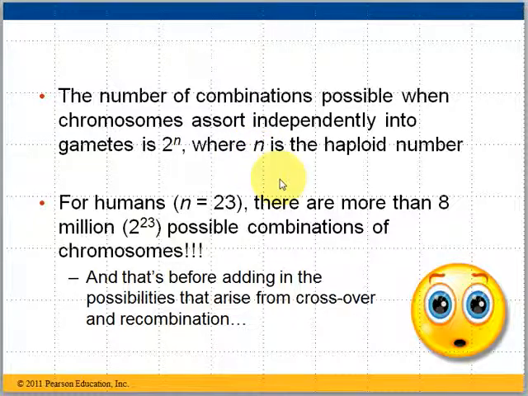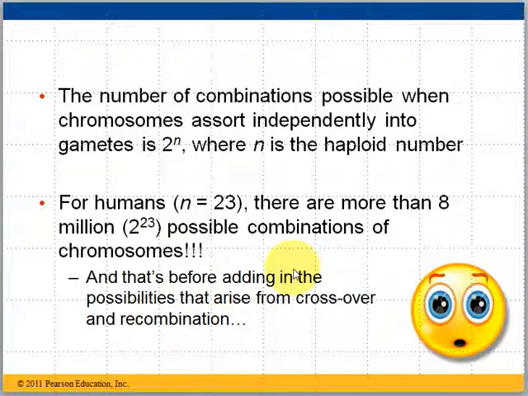And that's because each chromosome can arrange itself completely independently of all the others. So you have 23 pairs of chromosomes independently arranging themselves. That's a lot of possible arrangements and a lot of possible combinations. And mathematically, it is 2 to whatever the haploid number is, 23. So 2^23, that's more than 8 million possible combinations of chromosomes.